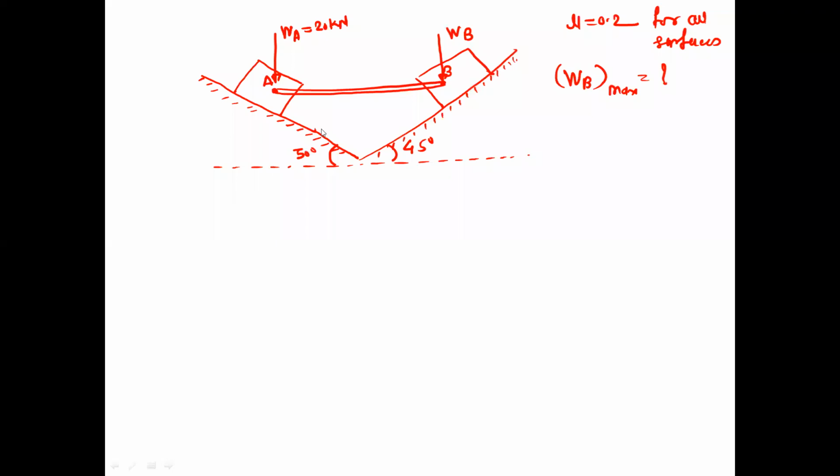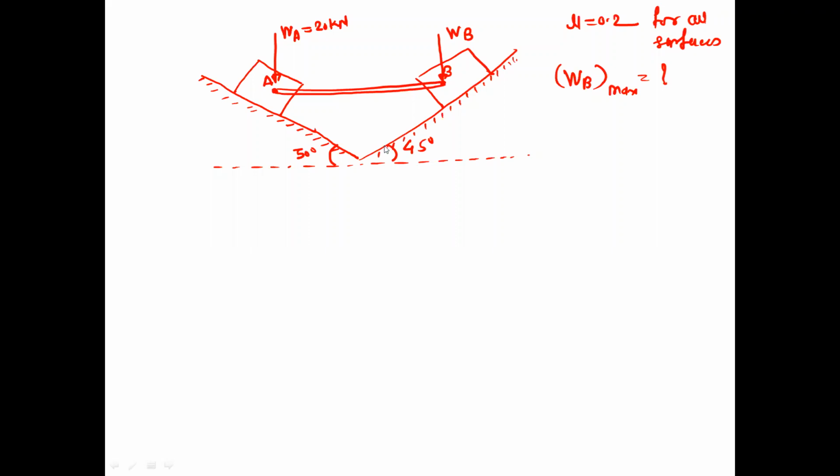Okay, in this problem, the two blocks A and B are kept on inclined surfaces. One surface has a 30-degree angle and the second surface is 45-degree. These two blocks A and B are connected to each other by a horizontal rod.